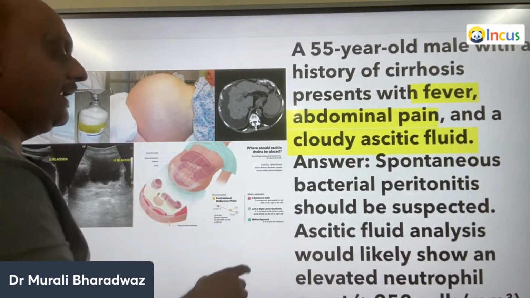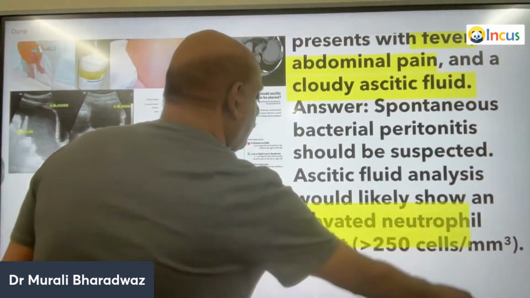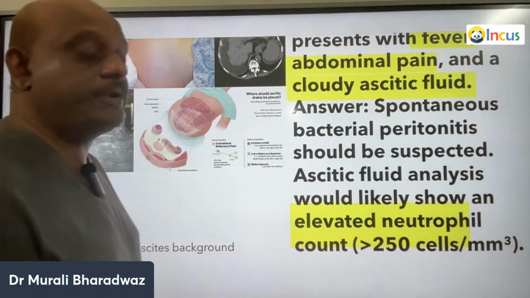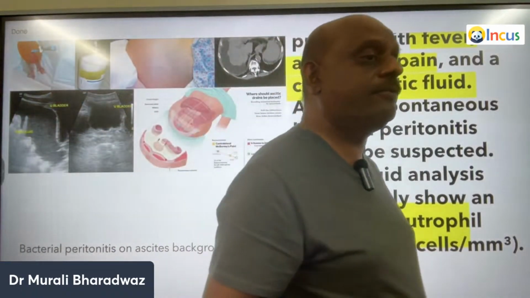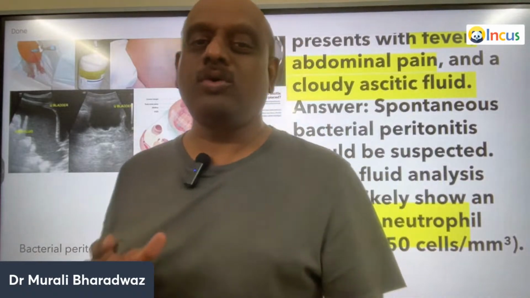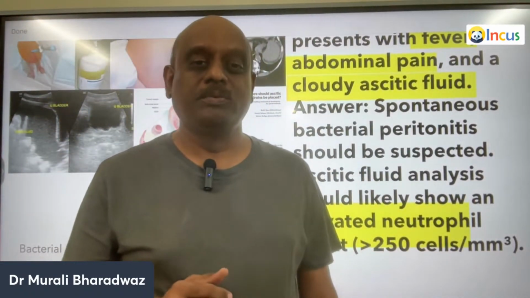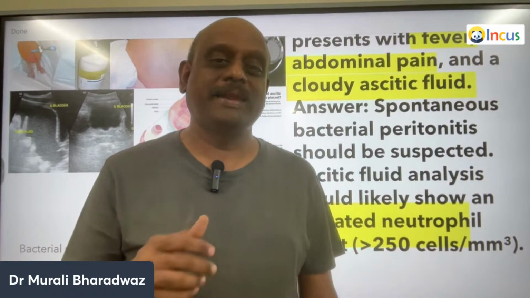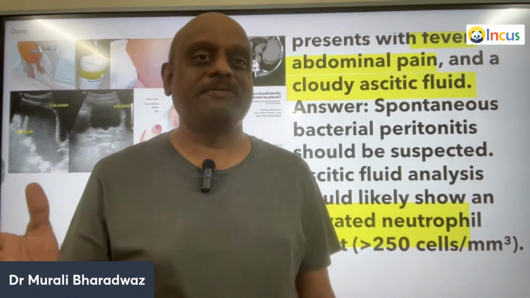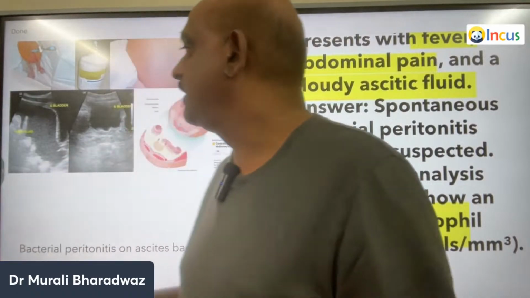If you do ascitic fluid analysis, it will show an elevated neutrophil count. When do you call it an elevated neutrophil count in ascitic fluid, doctor? Whenever the neutrophil count is more than 250 cells per cubic millimeter, you call it elevated, which is classical of spontaneous bacterial peritonitis.